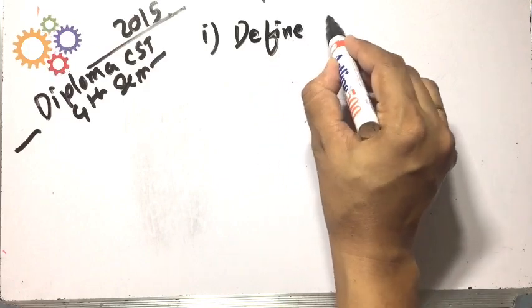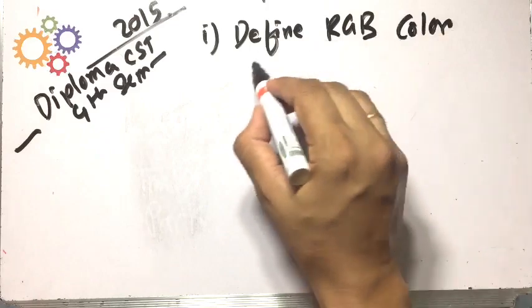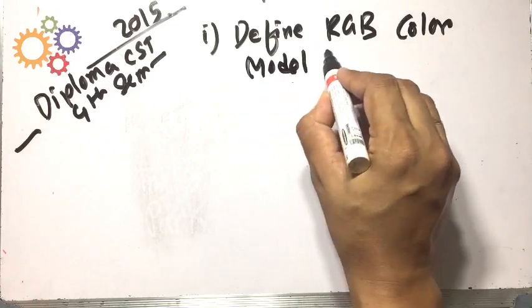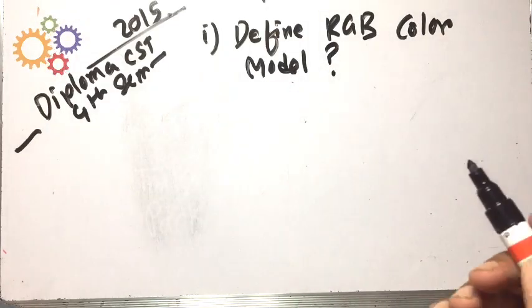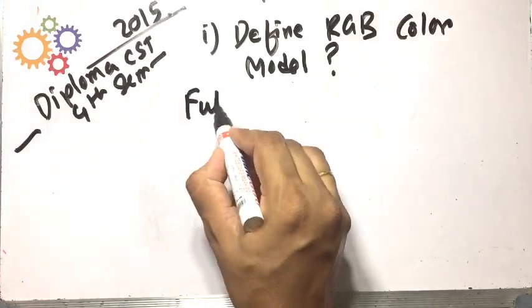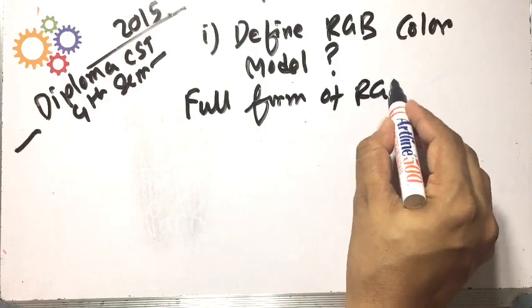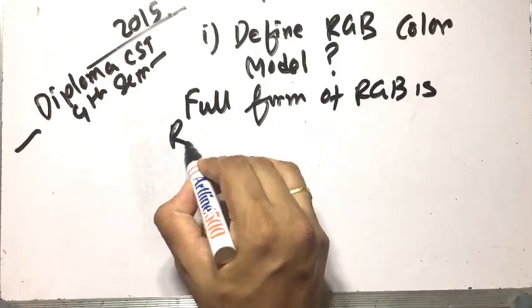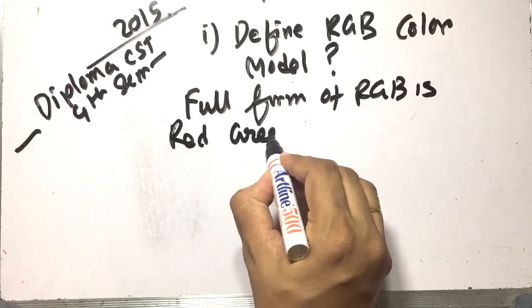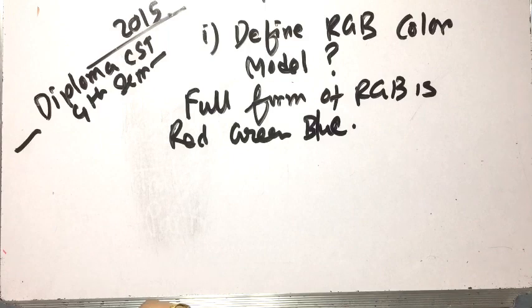Define RGB color model. Every question is for 2 marks. RGB full form is red, green, and blue.